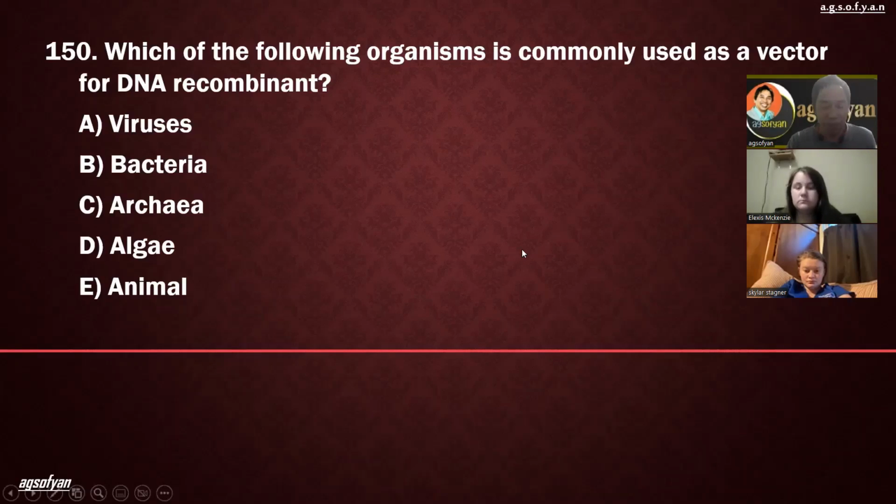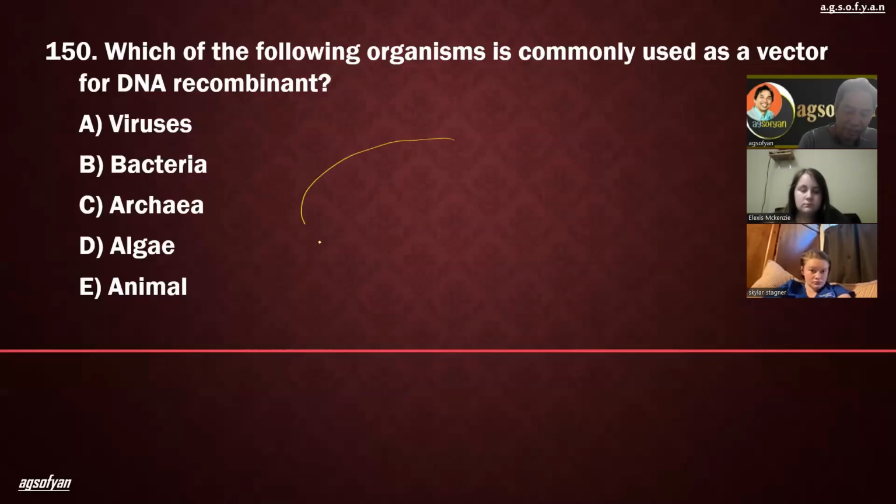So we are here. Which of the following organisms is commonly used as a vector for DNA recombination? The vector is the one that carries the DNA, and it has the plasmid in it.